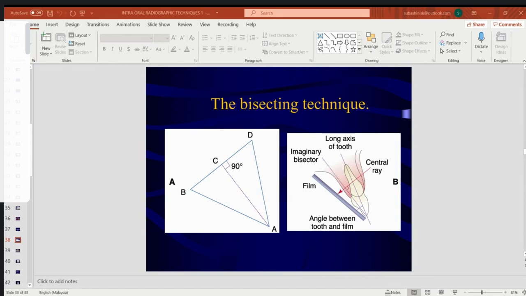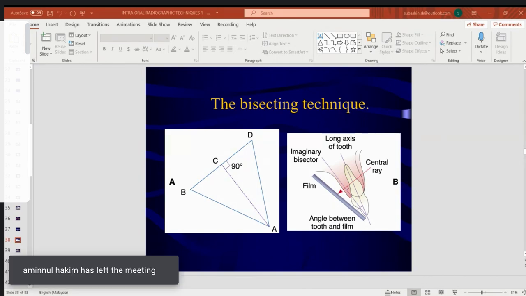Cieslinski's rule of isometry is nothing but this: any two triangles, whether or not they share a side, if any two sides of the triangle and any two angles of the triangle are the same, that means by default the third angle and the third side will be the same. That's the common thing.